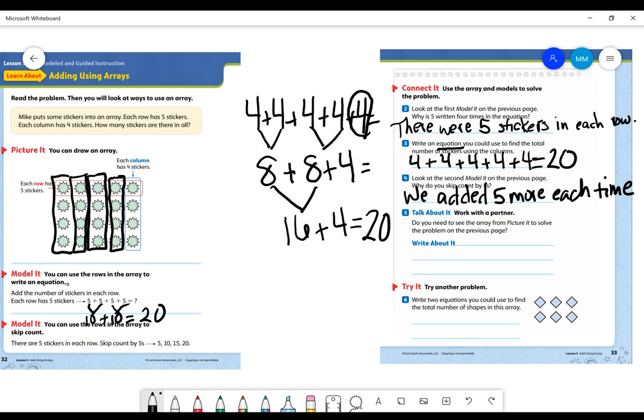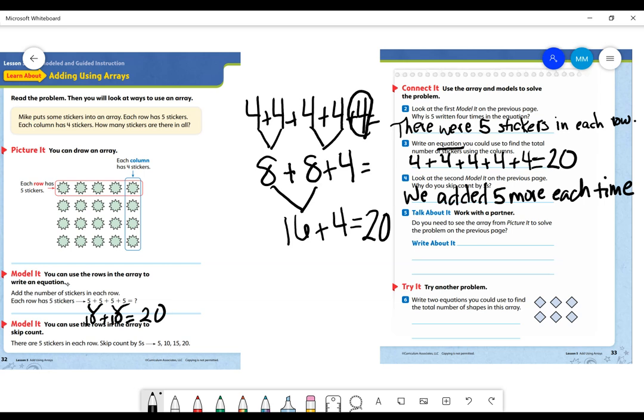It says, do you need to see the array from Picture It to solve the problem on the previous page? So let's look at the problem over here. So our Picture It. Let's read that question again. Do you need to see the array from Picture It to solve the problem on the previous page? So it's asking, do we have to have an array to solve this repeated addition problem?